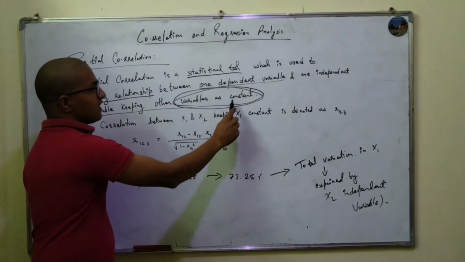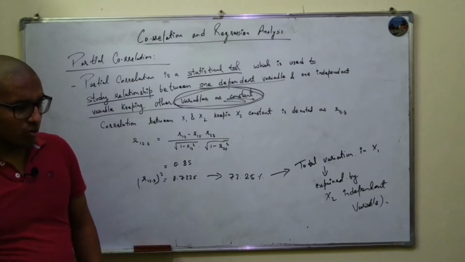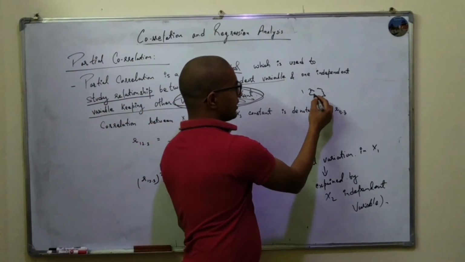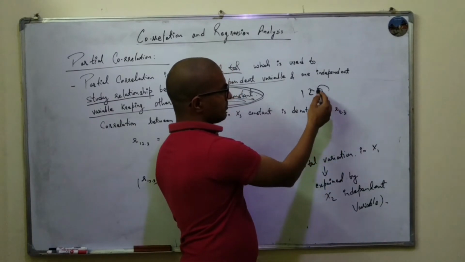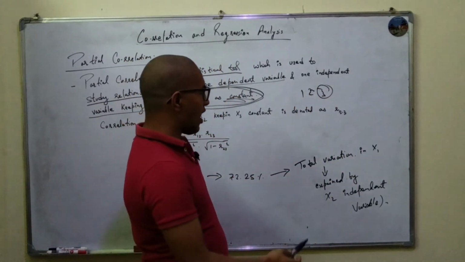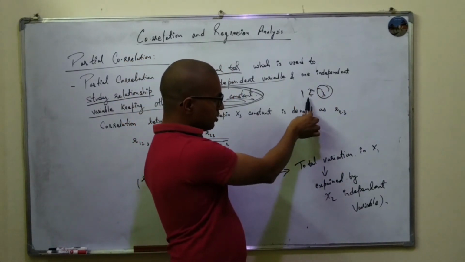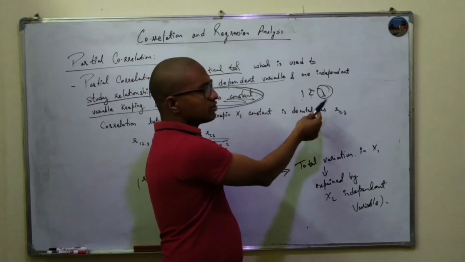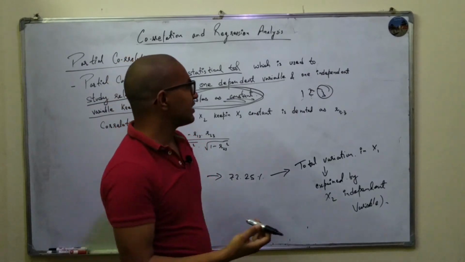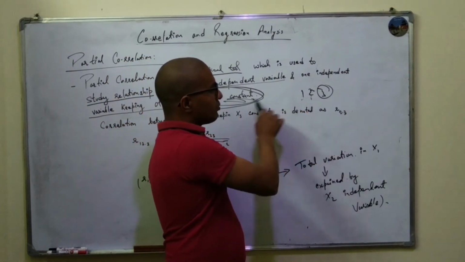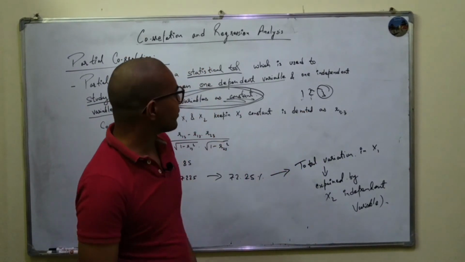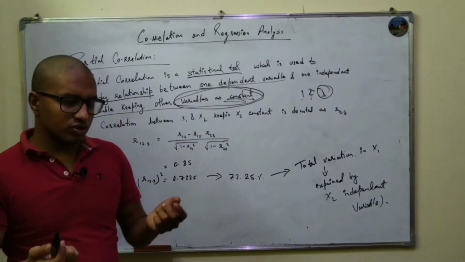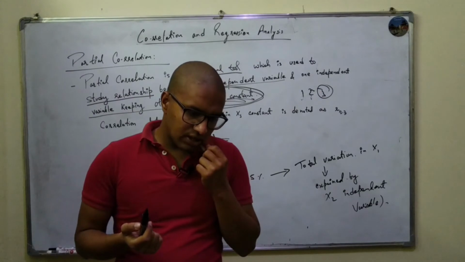Okay, constant. So say there are three variables, 1, 2, 3. We will keep the third constant, and study how much the change in 2 increases or decreases 1, that is, the relationship between these two variables. Okay, so one is your dependent variable, and other variables we will keep as constant, right? Suppose you are talking about height and weight.